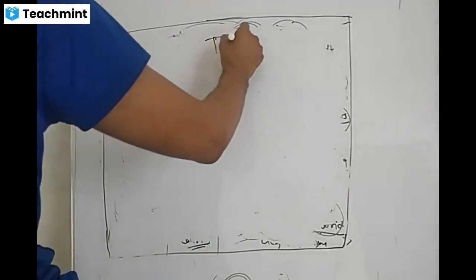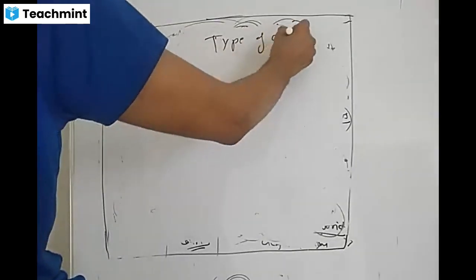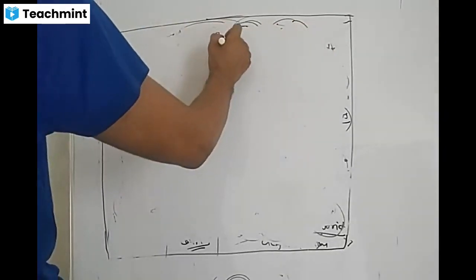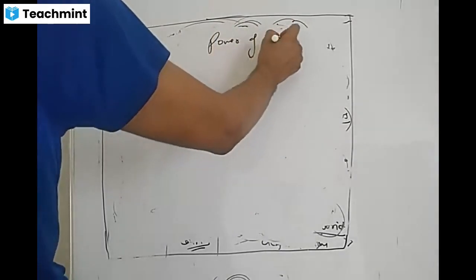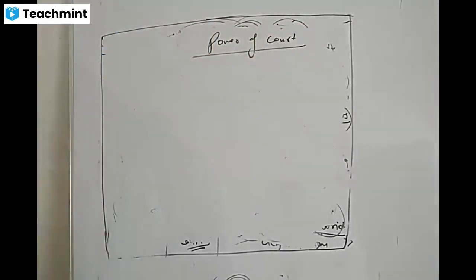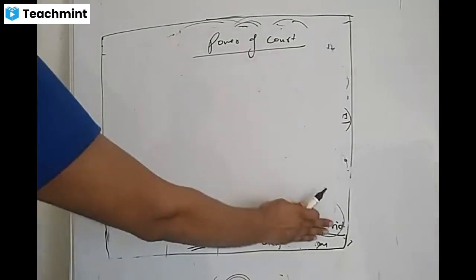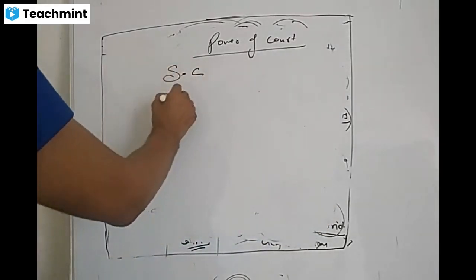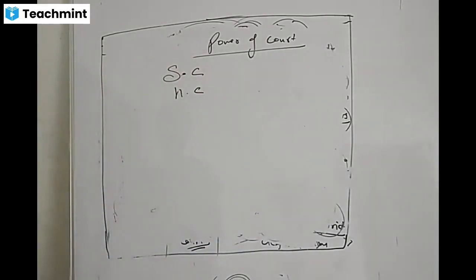Then if we look at the types of court, or the power of court. At the top we have Supreme Court, then High Court.